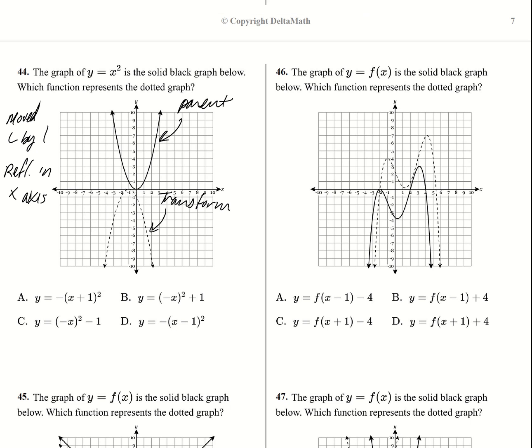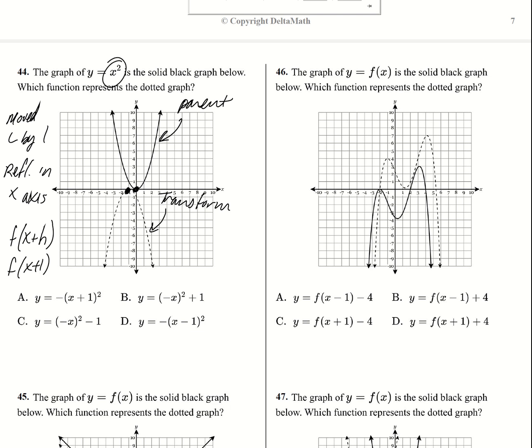So the way that you can tell how far it was moved is choose a point on the original and then try to find that same point on the transformed function, and you'll see I just moved to the left by 1 there. Okay. So if you move to the left, you end up getting f of x plus h. And because I move to the left by 1, it should be f of x plus 1.